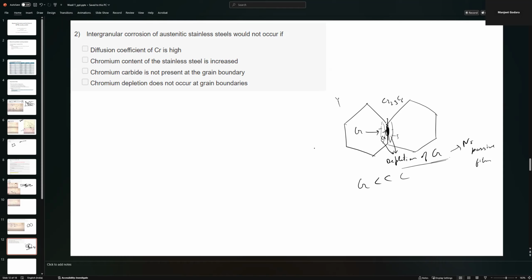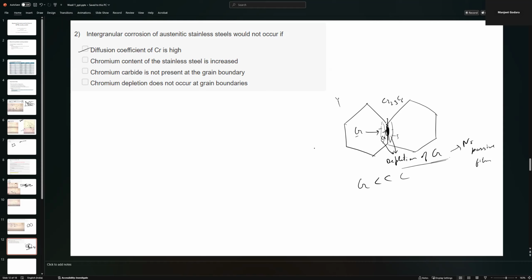So even though a small amount of chromium is consumed here forming the carbide, in general you'll still cross that passivation threshold for the austenitic steel. So here, intergranular corrosion for austenitic steel would not occur if the diffusion coefficient of chromium is large enough.